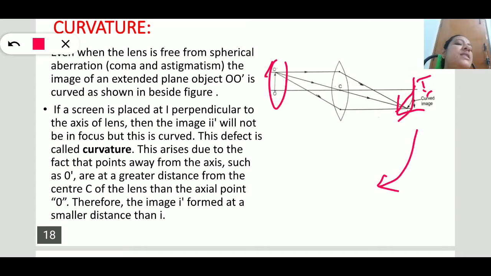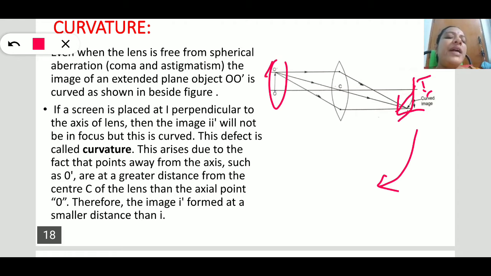If a screen is placed at I perpendicular to the axis of the lens, then the image will not be focused, but is curved. This defect is called curvature.